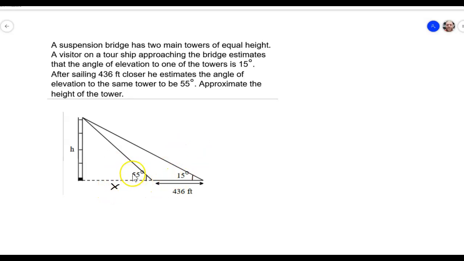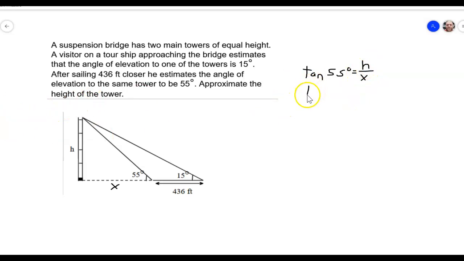So if I take the tangent of this acute angle here, the tangent of 55 degrees, that's going to be equal to the opposite side over the adjacent side, according to SOHCAHTOA, opposite over adjacent. So the opposite side of this angle here would be h, and the adjacent would be x. So I'm going to set that up as h over x. And now I want to solve for the height, because that's what it's asking for.